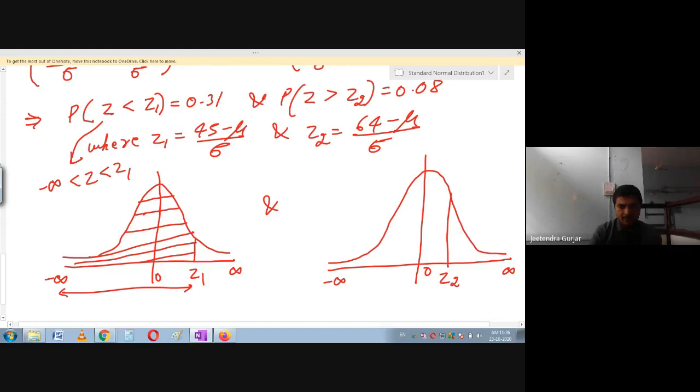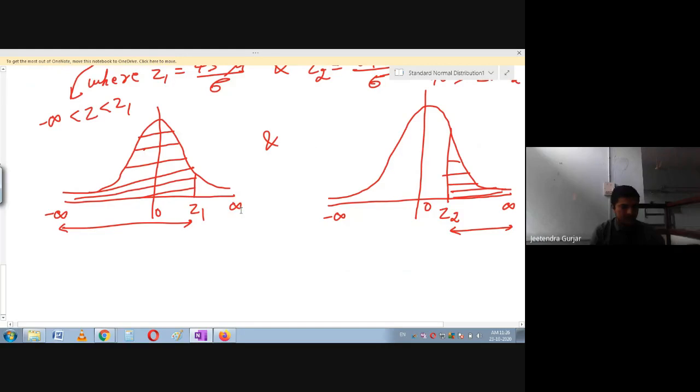Now you can see z2 is less than z1. Upper limit they have not given, so please consider this as positive infinity, which means this area from z2 to infinity you have to calculate. This value you must calculate. You can please see here.